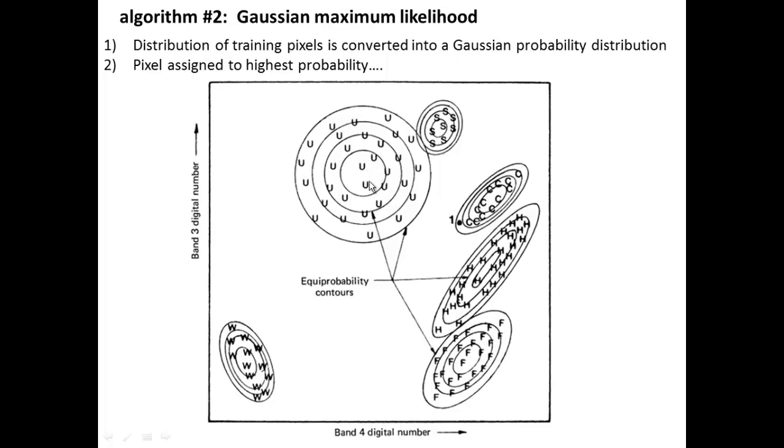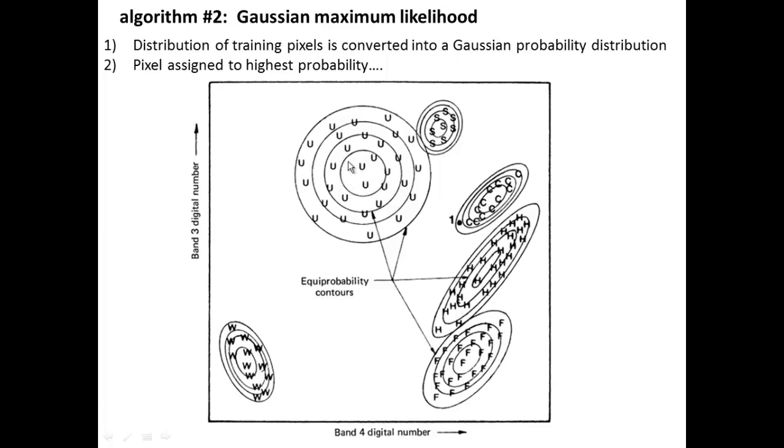Now, based on the clustering of these pixel values, we can assign a Gaussian probability distribution. That is, for any two coordinates, we can assign a probability that that particular coordinate set falls under the urban region. Okay? And in this case, this figure shows lines of equiprobability.